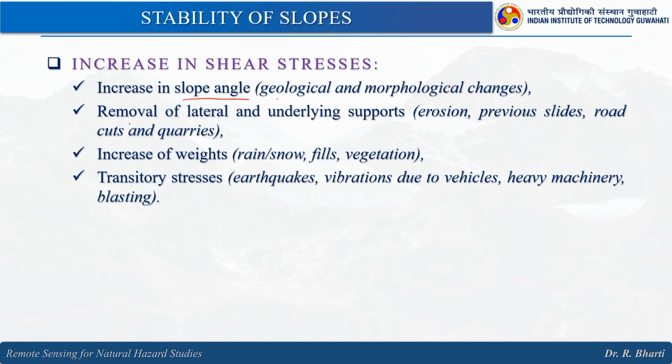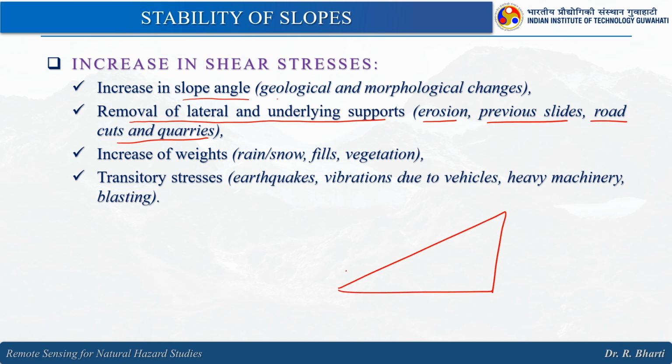Then next is removal of lateral or underlying support because of erosion, previous slide or road cuts or quarries, right. Now, suppose this is the slope and it is actually in a stable condition because here you have something which is holding the material here, right.